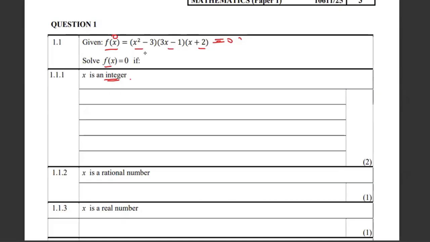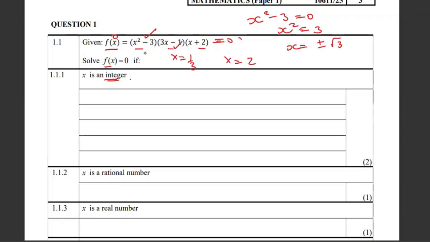Before we even get into the integer part, let's try to solve this. If we equate it to 0, we're going to have x squared minus 3 equal to 0. X squared is 3, and then find the square roots on both sides, meaning we're going to have plus or minus square root of 3. That's for the first bracket. With the second bracket, x is going to be a third. And with the third bracket, x is going to be negative 2.